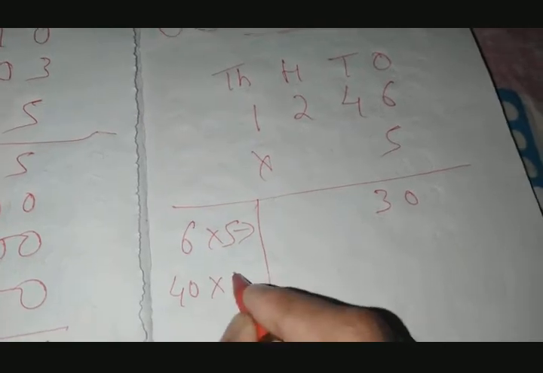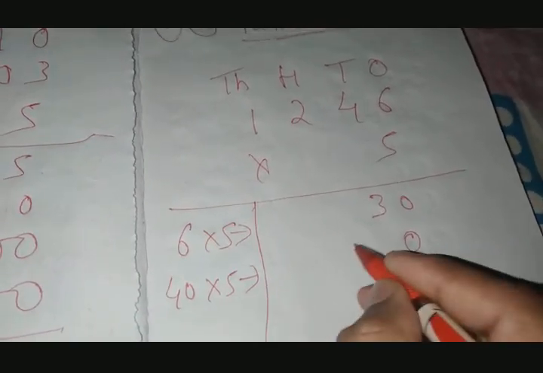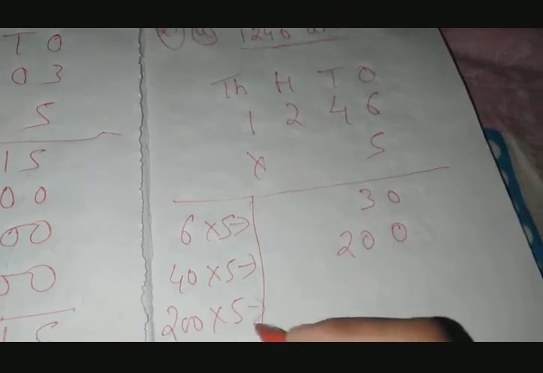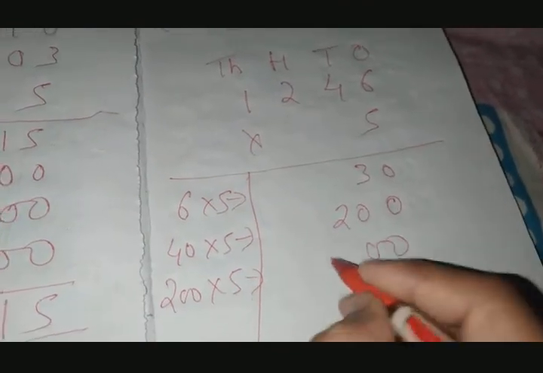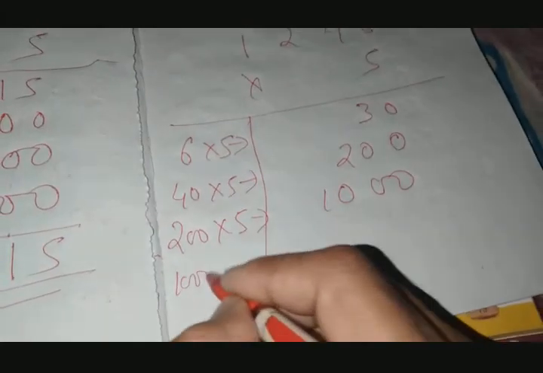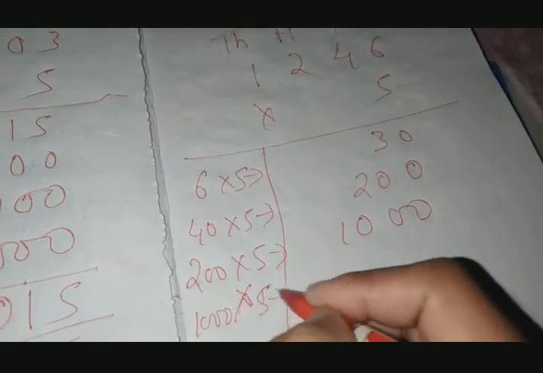Then 4 is in the tens place, so 40 into 5, we got 200. Then 2 is in the hundreds place, so 200 into 5, we got 1000. Then since 1 is in the thousands place, we multiply with 5 and we got 5000.